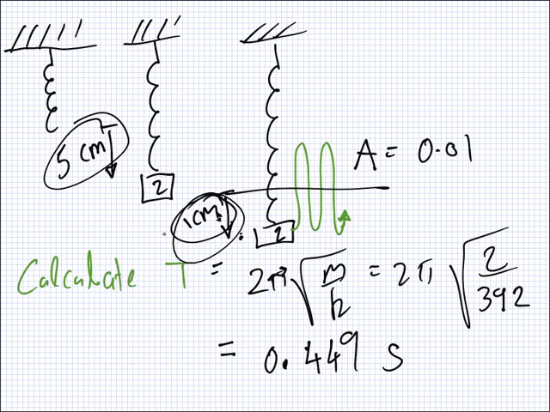The only way you could get it in simple harmonic motion at the 5 centimeter point is if you gave it a little flick to get it moving. Otherwise, it's just sitting there in equilibrium. Is that okay, guys? Are you sure? Okay. So try these for a few minutes and then we'll go to the next topic.